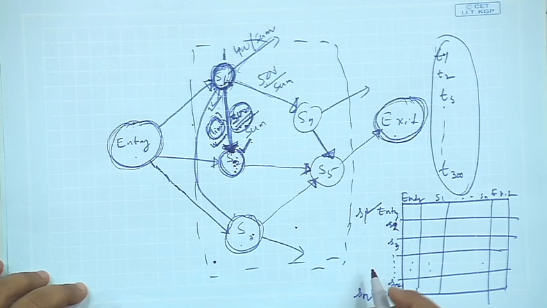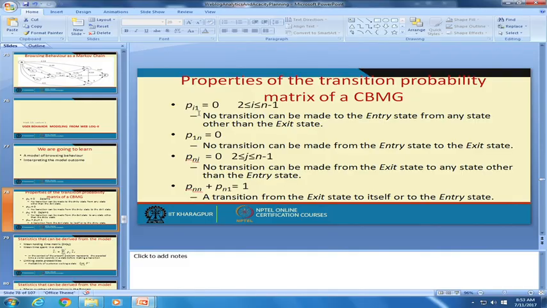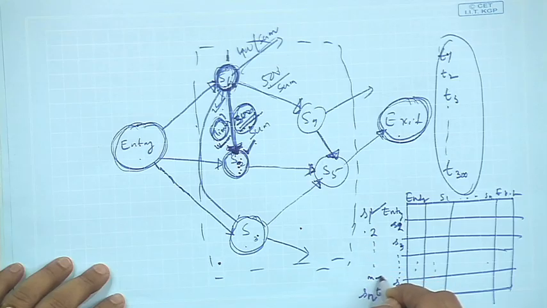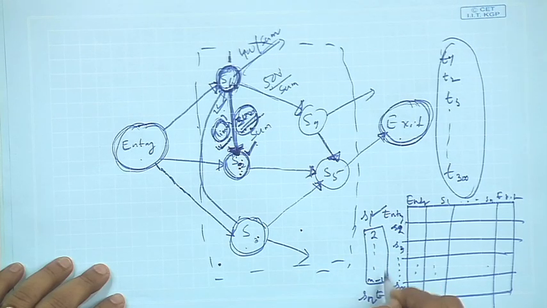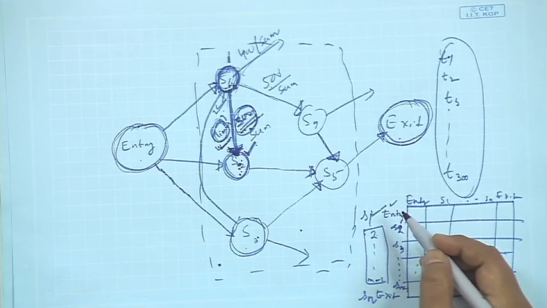Now, looking at the properties: from the ith state, where i is any other state, you have 2 to n minus 1 other states. The first property tells that the probability of going from state i, that is any other state, to the first state, that is the entry state, is 0.